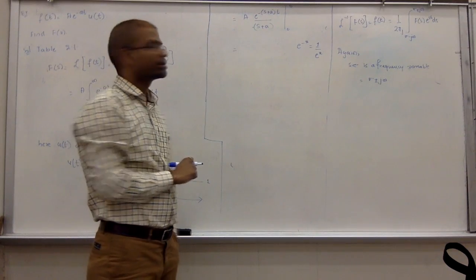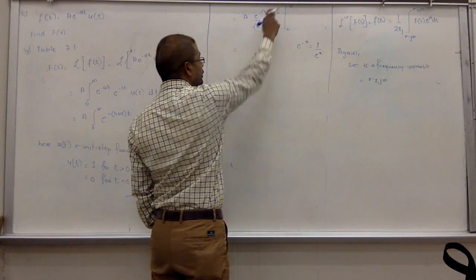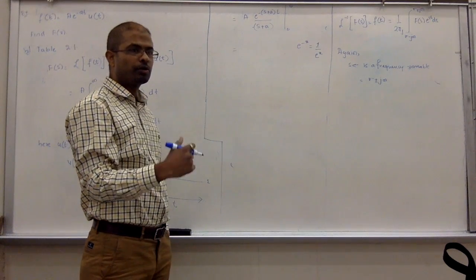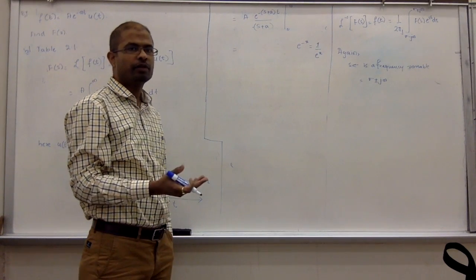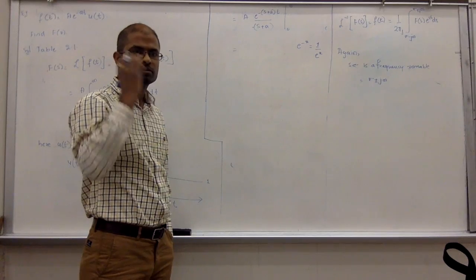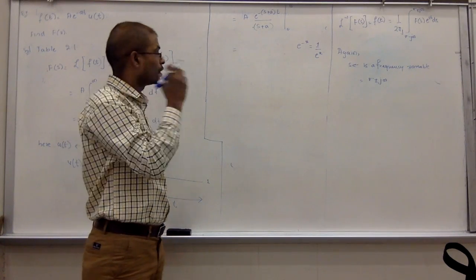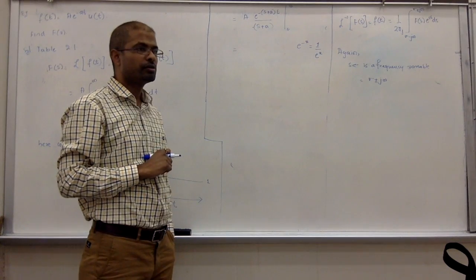Because it is e to the power of minus infinity, that is 1 over e to the power of infinity. Anything raised to the infinity is infinity. So 1 over infinity is 0.